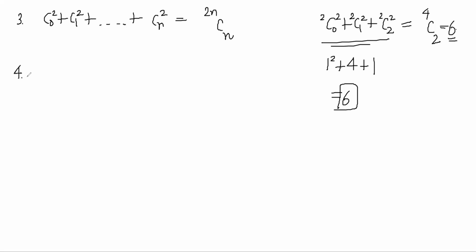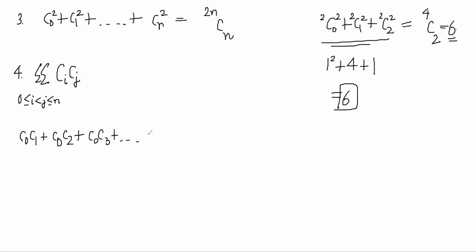So now the next thing that we want to find is the summation of Ci Cj, where 0 is less than or equal to i less than j less than or equal to n. What this means is basically terms like C0 C1 plus C0 C2 plus C0 C3 plus so on, plus C1 C3 plus C1 C2 plus C1 C4 plus C1 C5 and so on, right?